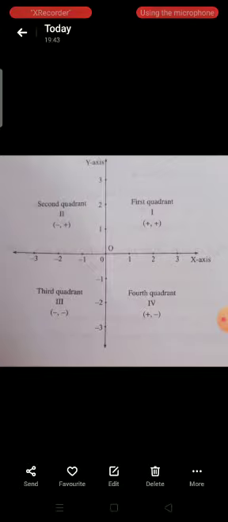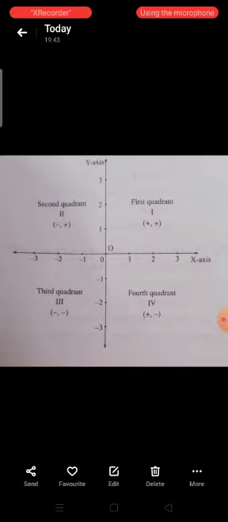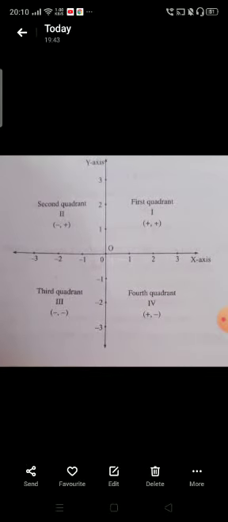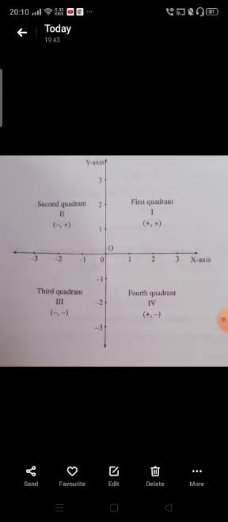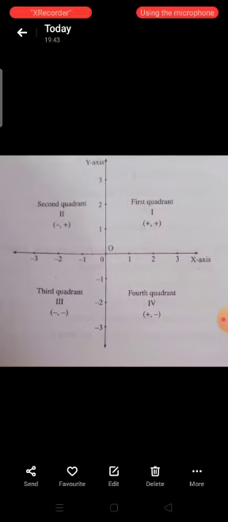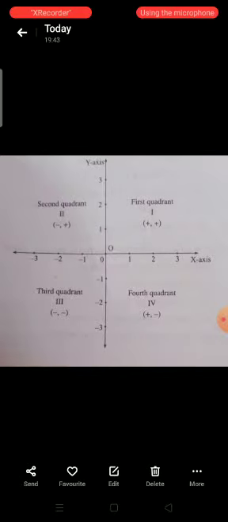If we see this picture very nicely, we will come to know what is axis, origin, and quadrants. You can see there is one horizontal line and one vertical line. The horizontal line is known as the x-axis, and the vertical line which intersects the x-axis is known as the y-axis. Every student knows this basic thing.